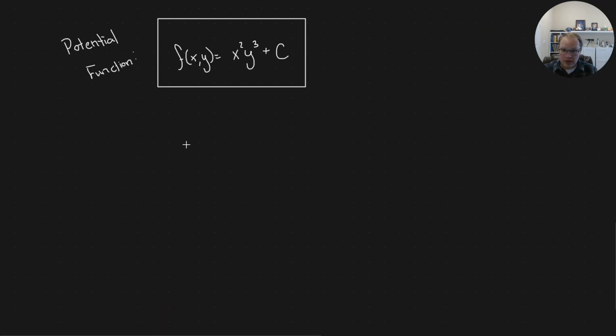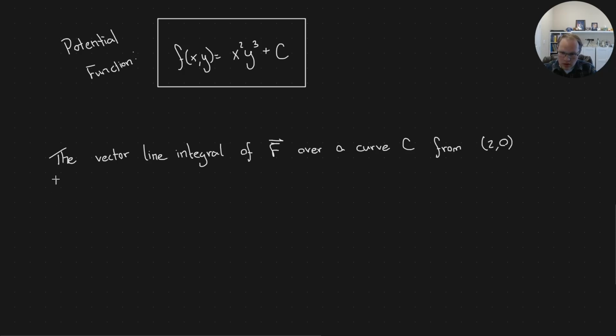So for example, the vector line integral of vector field f over a curve C from, let's say, the point (2, 0) to the point (5, -3) is, so we want the integral over curve C of vector field f dot dr. Notice I haven't really specified what curve C is, right?